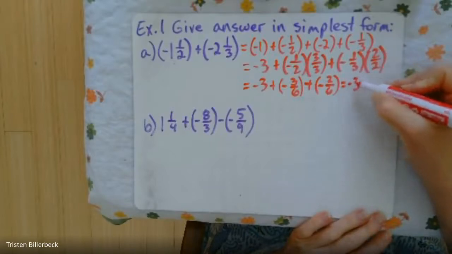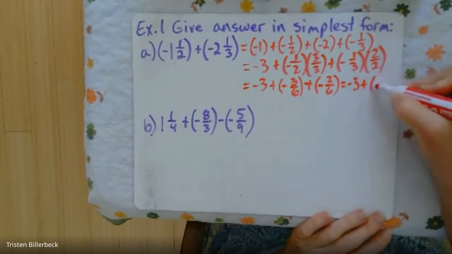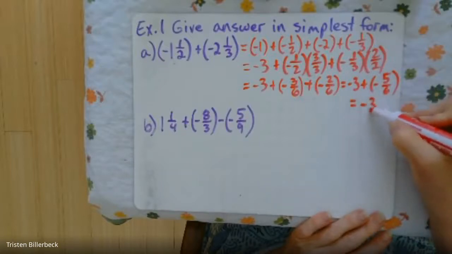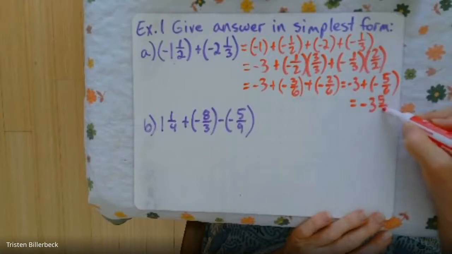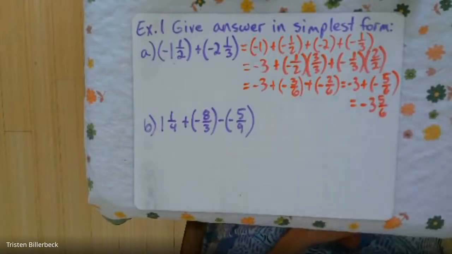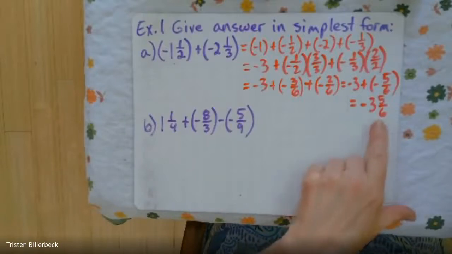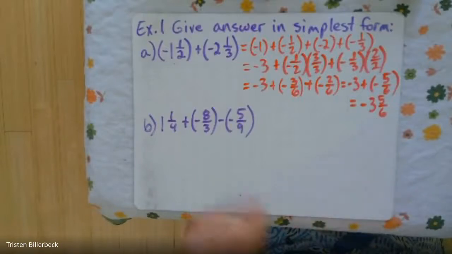So that's -3 plus -5/6. The answer would be -3 and 5/6 when we finish answering this. They're all negative, so we're adding them, and we keep the sign of the bigger number.